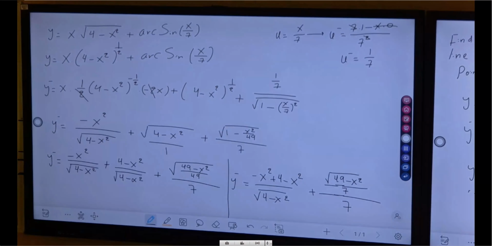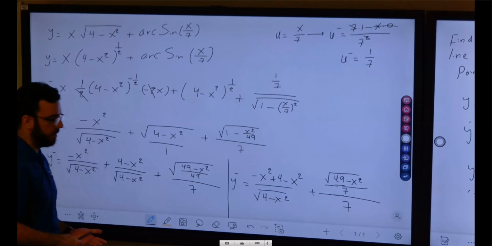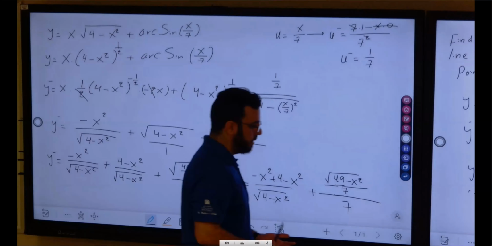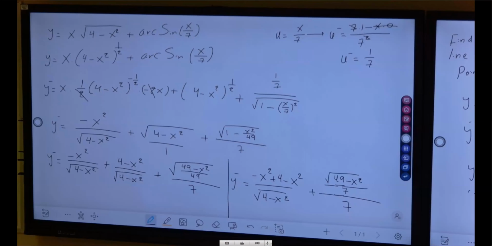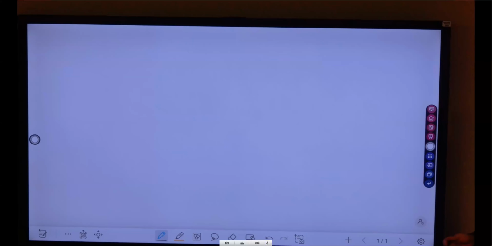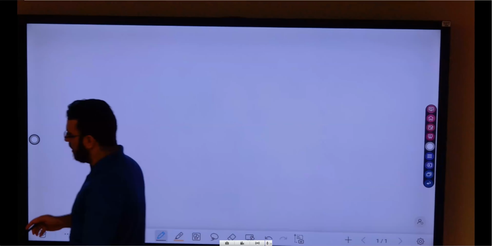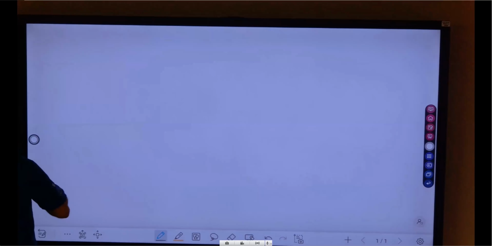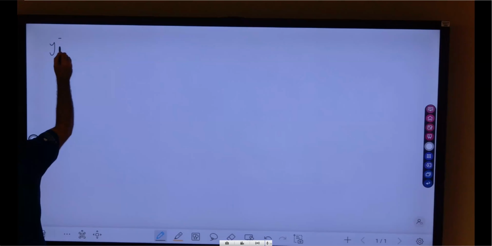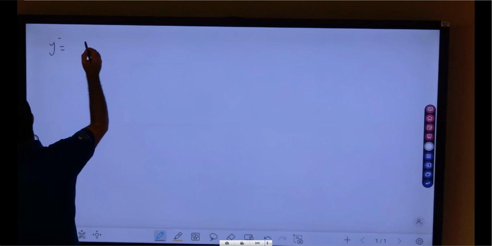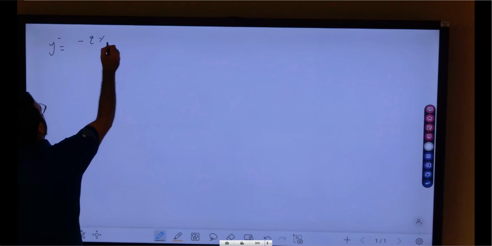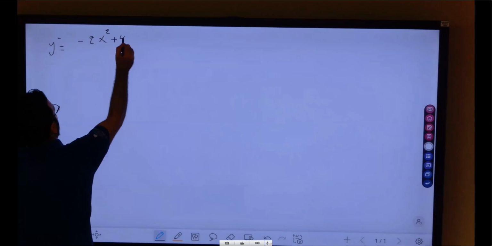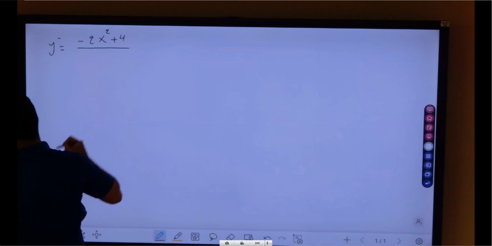And what's the next step? No, you can simplify it more. Well, I mean, I did the twos. You're gonna negative two, combine, yeah, these. That's all I did. Yeah. So y prime is going to be negative 2x squared plus 4 over, it's minus 4, right?